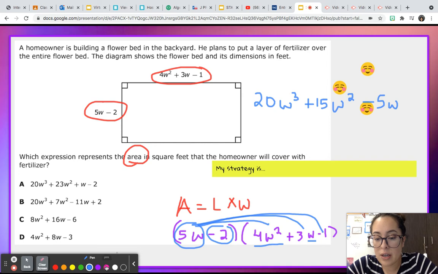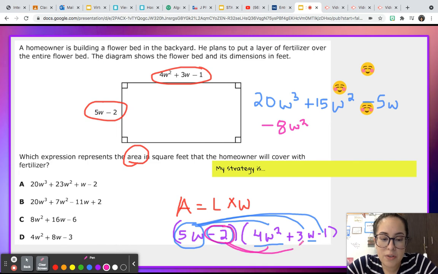Now I'm going to go with the negative 2 portion. So I'm going to multiply it to the 4w squared. Negative 2 times 4 is negative 8, and since there were no variables, I just have to tack on that w squared.